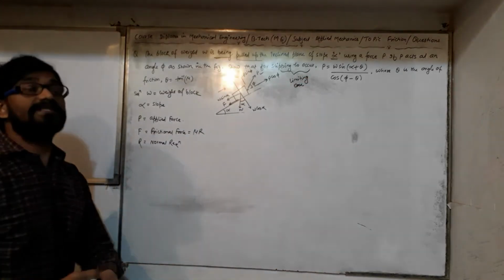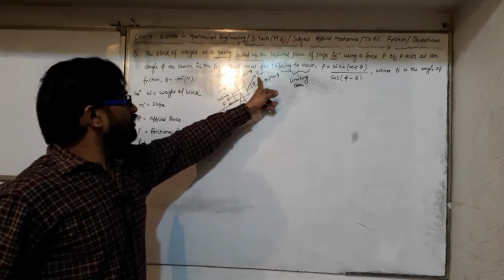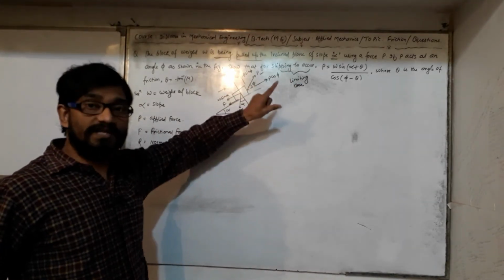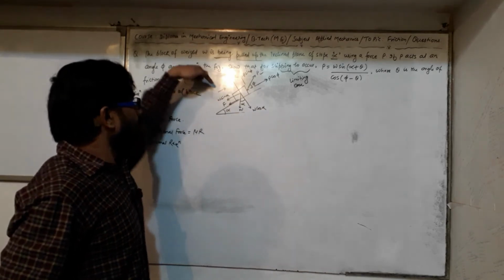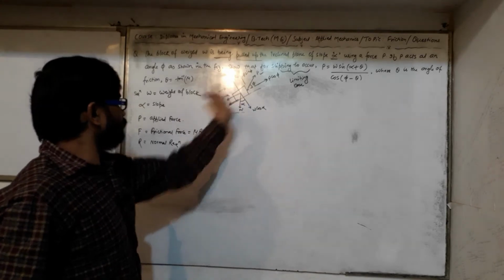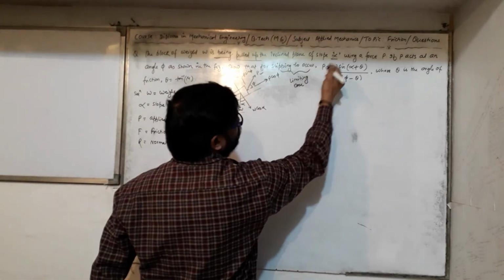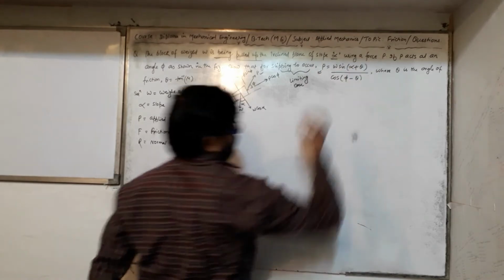Slipping to occur means about to slip, so force of friction acts downward along the inclined plane. We have to find the value of P in this way.